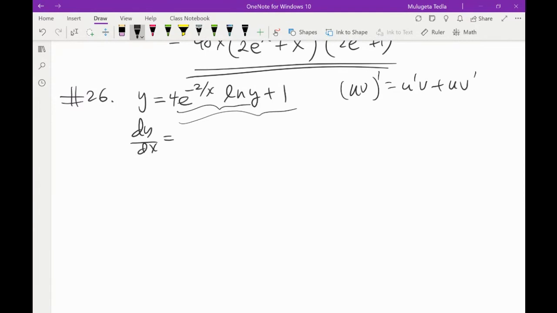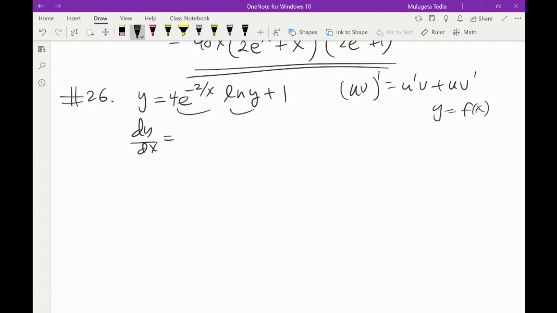Let's do that. Because y is not explicitly written as a function of x, we couldn't find dy/dx immediately, because we're going to have dy/dx somehow here, since y appears here, right? So it's not like a clean dy/dx equal to a function of x.